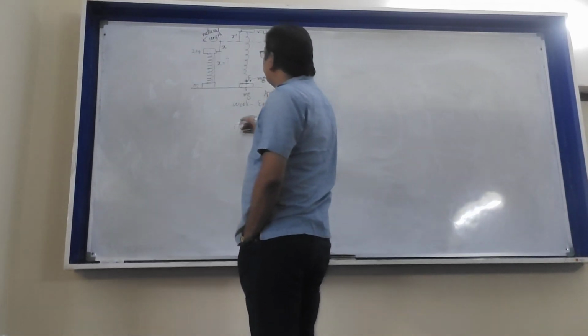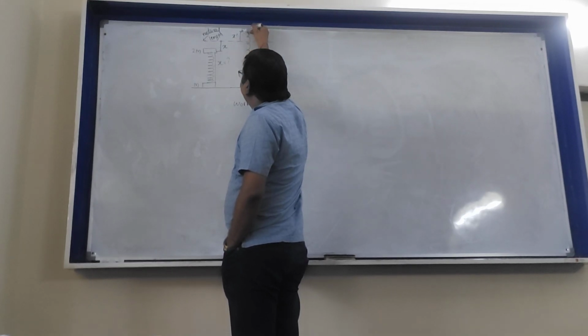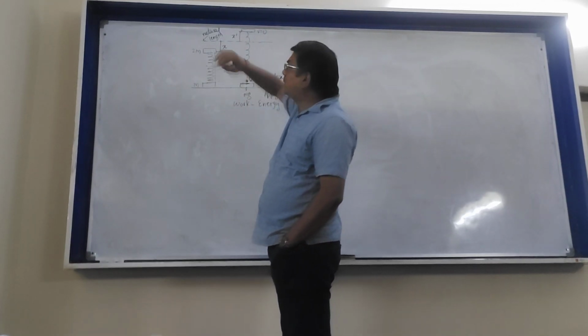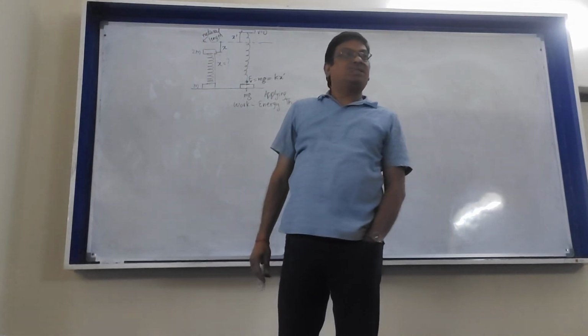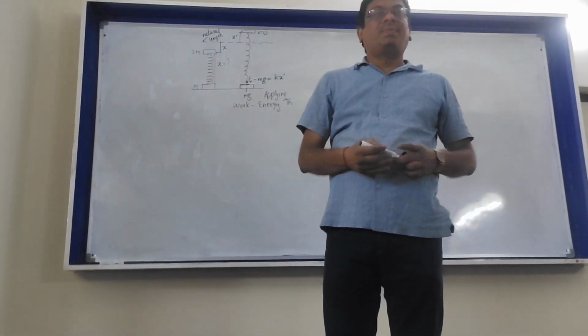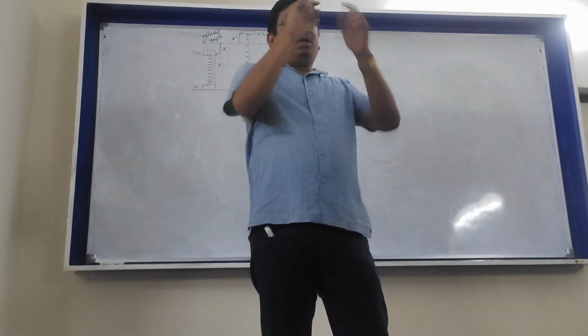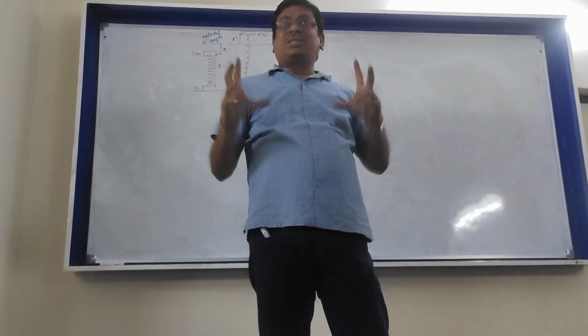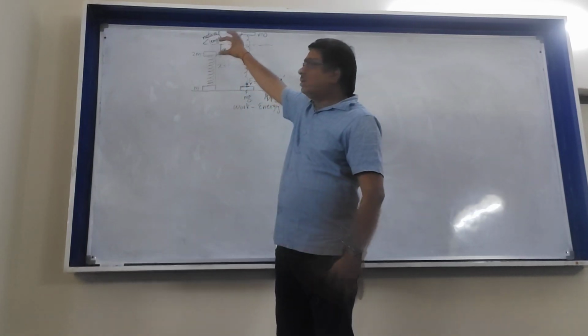So first of all, you see that this block has gained gravitational potential energy because it has gone up. So naturally the spring should have lost elastic potential energy. Yes or no? See, if you think this way, it becomes easy. If you simply write the equation and start solving, it will be difficult. Just see, only two forces are there on this block.